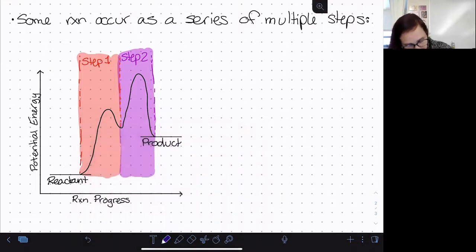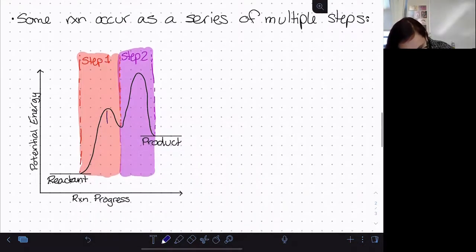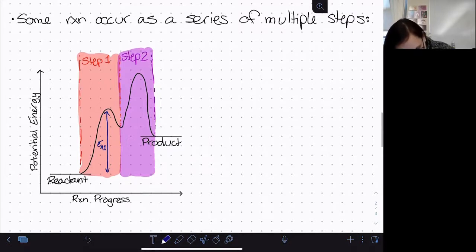So we've got activation energy for step 1 here. We've got the activation energy for step 2 here.